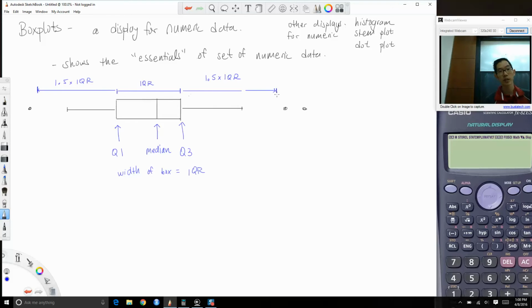So I go 1.5 times the IQR above, 1.5 times the IQR down this way. This creates these invisible boundaries called fences. So this is the upper fence, and this is the lower fence.